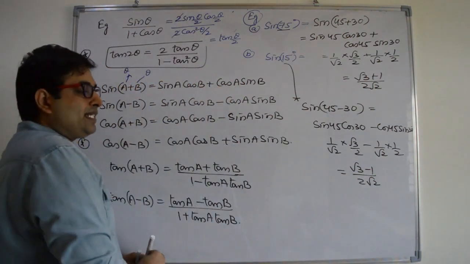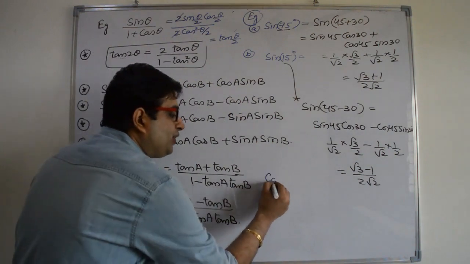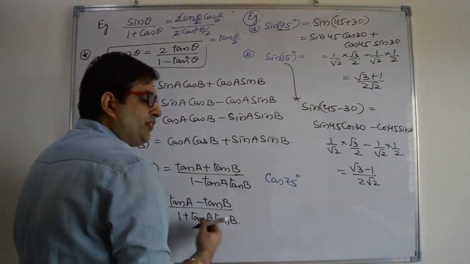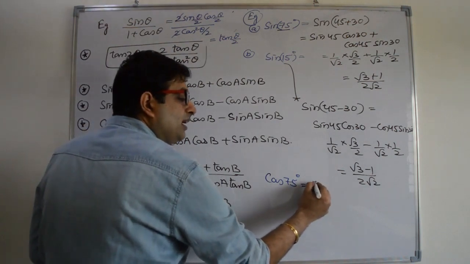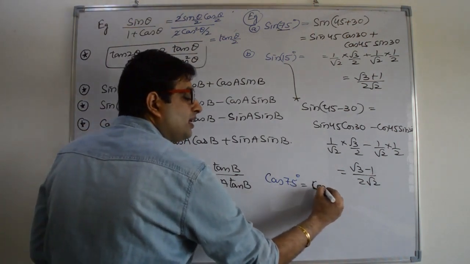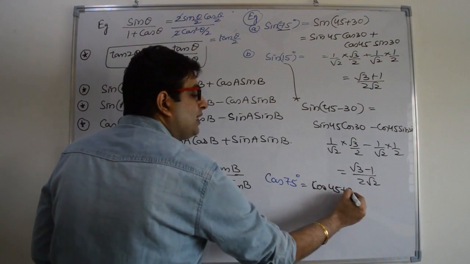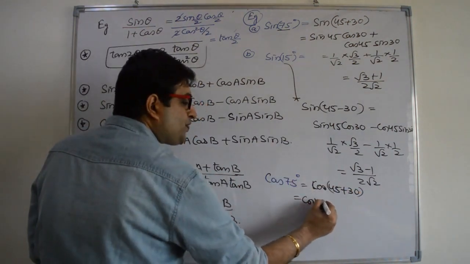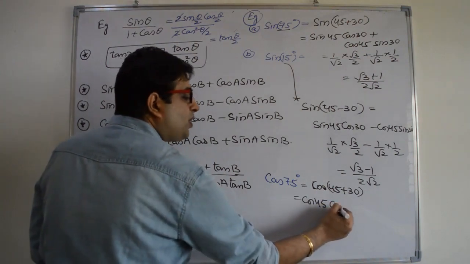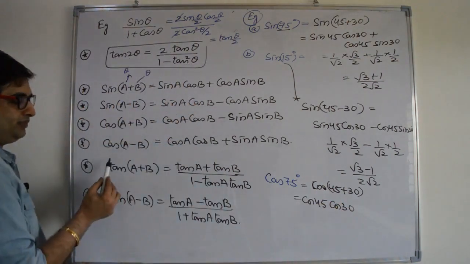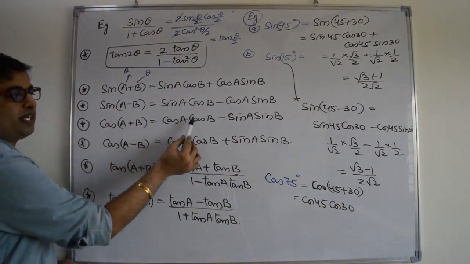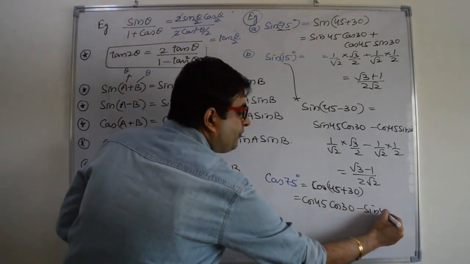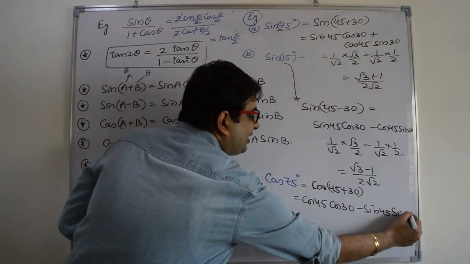Right? Similarly, we can calculate the value of cos 75 also. Cos 75 is cos(45 + 30). Open it: cos 45 cos 30 minus sin 45 sin 30, this is the cos(A+B) formula.